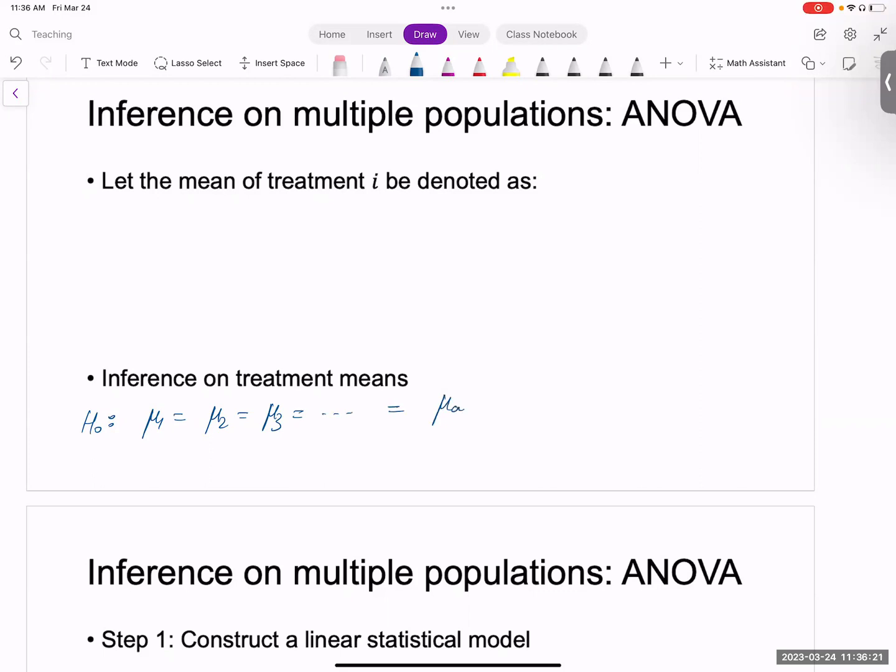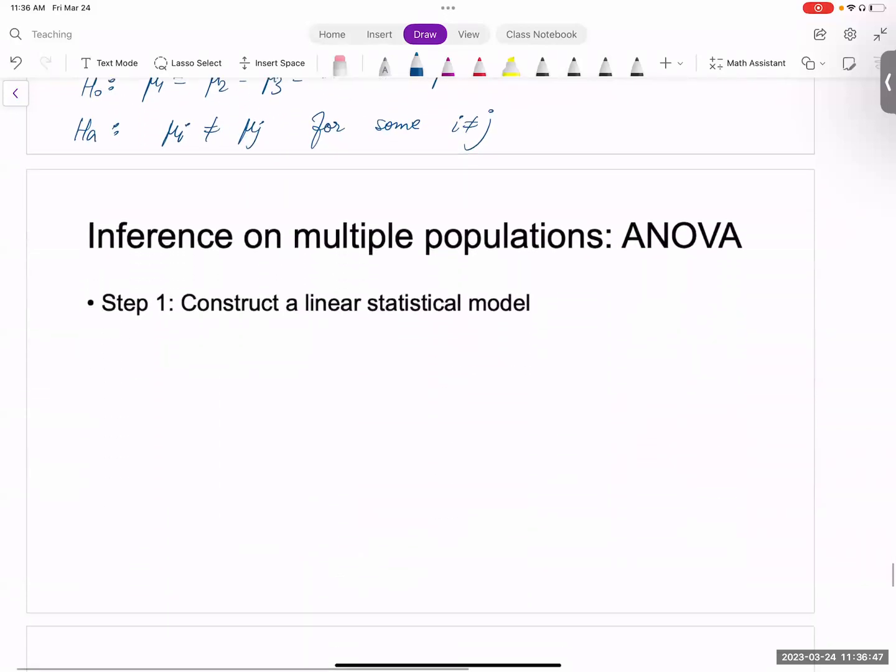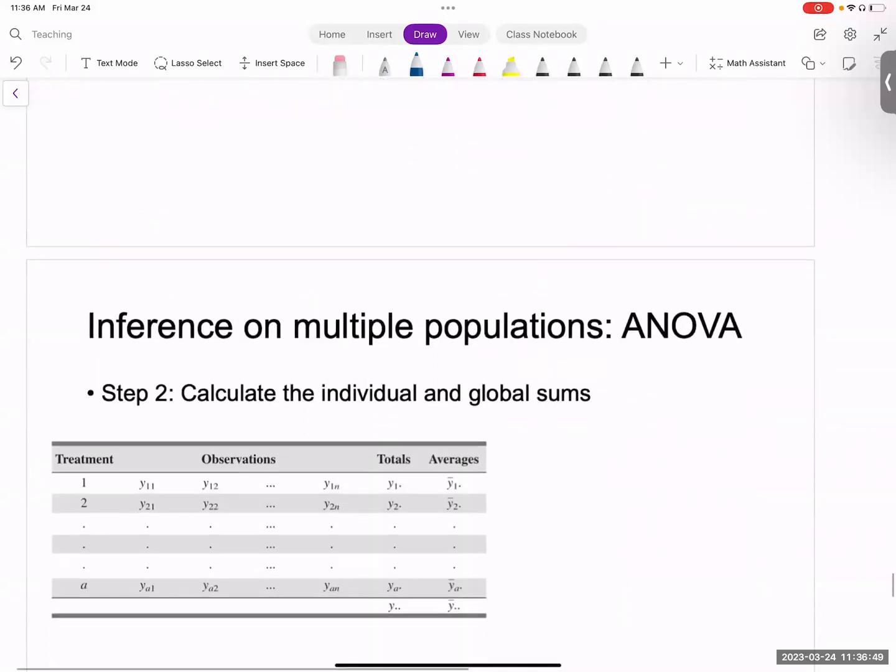All the treatments have the same mean, and HA is mu i is not equal to mu j for some i not equal to j. Now, I am not going to walk you through the derivation of Anova entirely. I'm just going to take you through some of the important aspects of computing an Anova table.